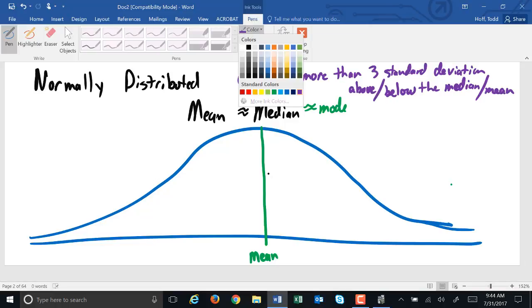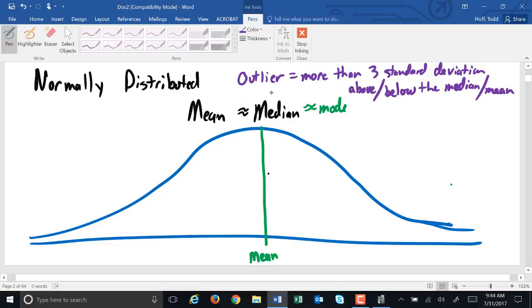So we're using the mean in the middle of this curve, but it could just as well be the median. So what do we mean by 3 standard deviations?